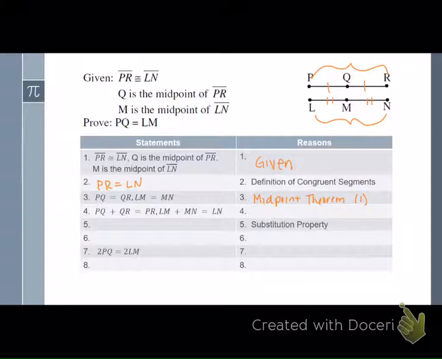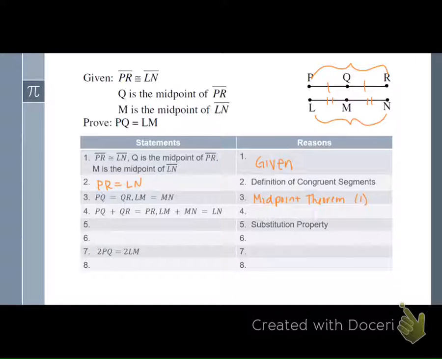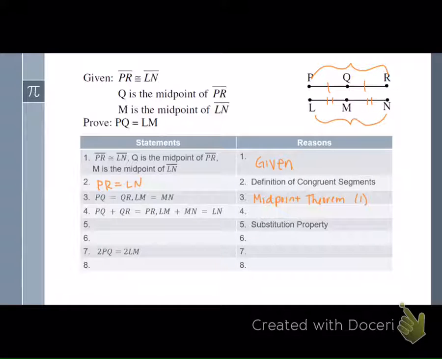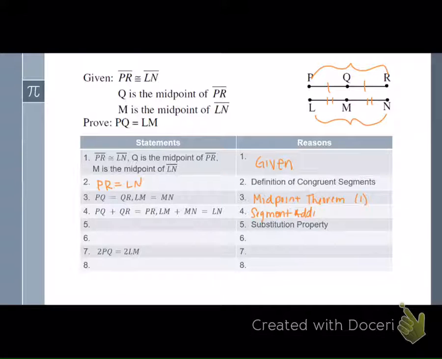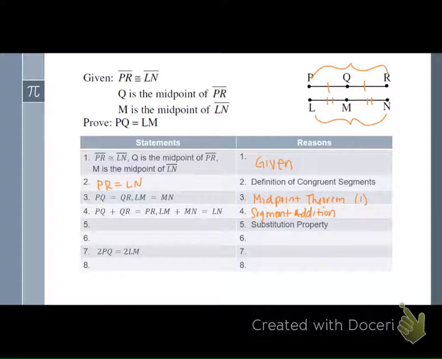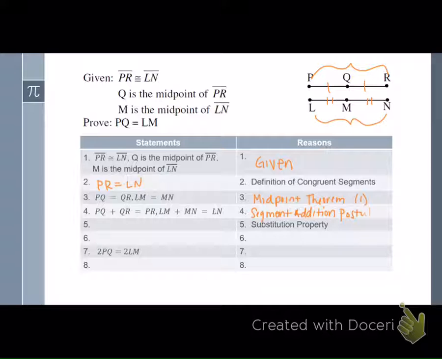Step 1 is saying that those are the midpoints. What did they use here to get PQ plus QR equals PR, and LM plus MN equals LN? They're adding the 2 segments together to equal the whole, so that's segment addition. And that's just from the diagram.